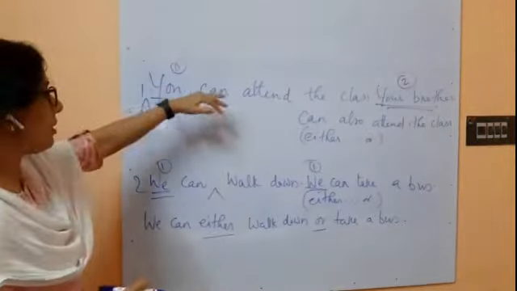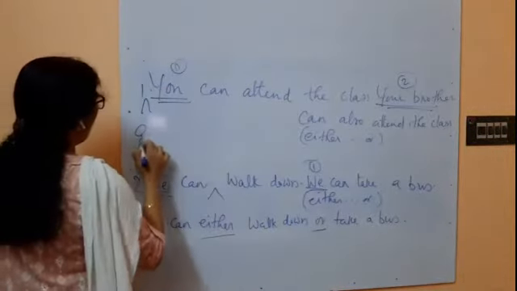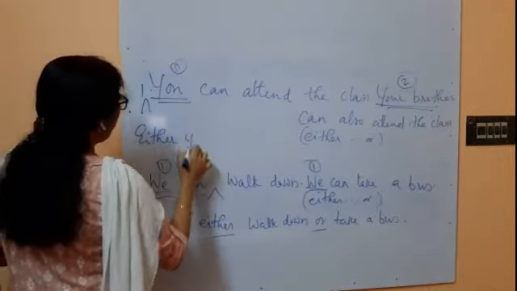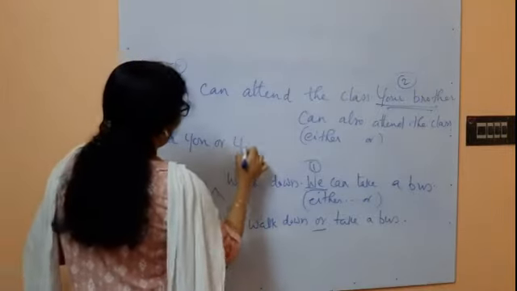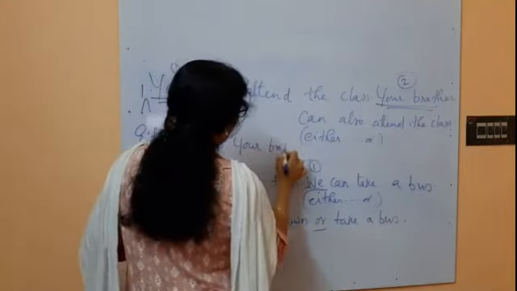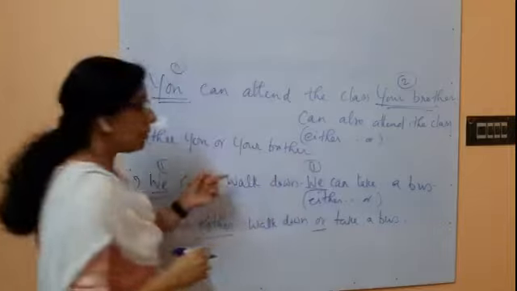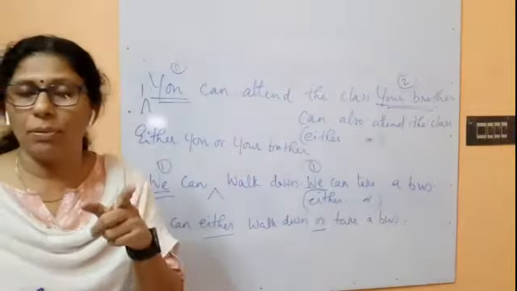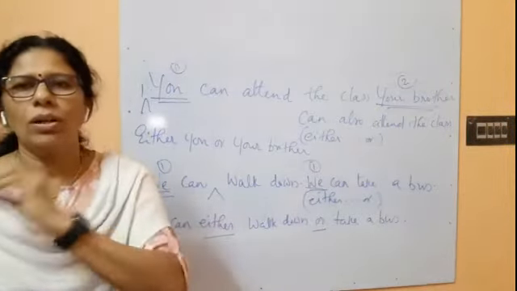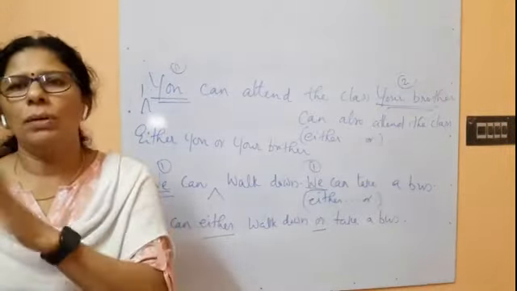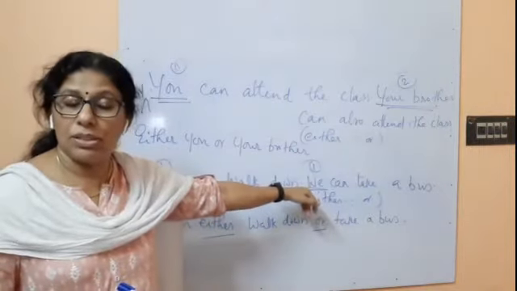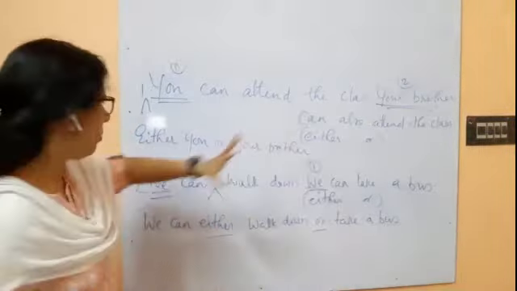And if both the subjects are different, how we will combine? Either you or your brother. And when you are combining either or and neither nor, you have to keep in mind that the verb agrees with the second subject. If the second subject is plural, you have to use the plural form of the verb. If the second subject is singular, you have to use the singular form of the verb.